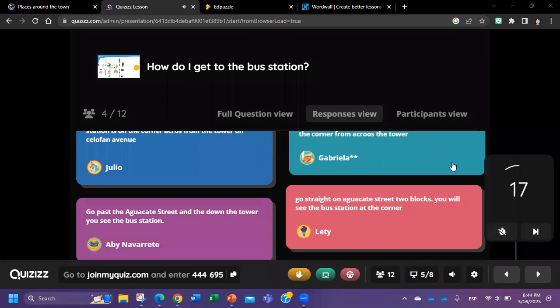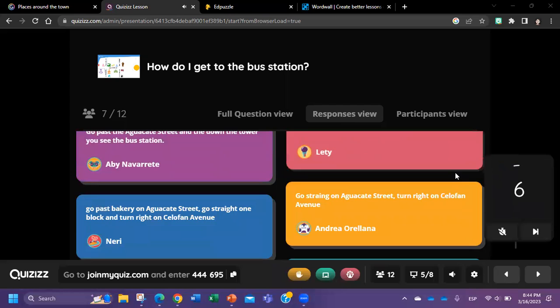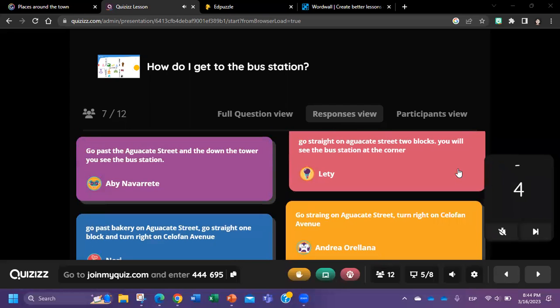Go past Aguacate Street and then down the tower, you will see the bus station, okay? You will see the bus station at the corner, okay? Thank you, Letty.